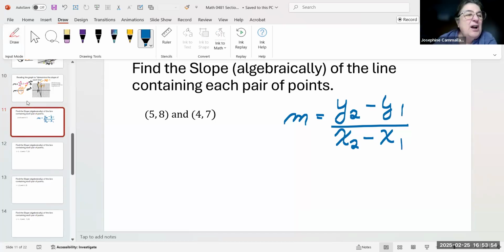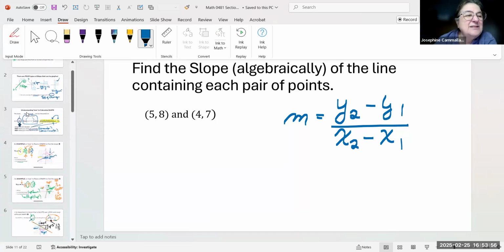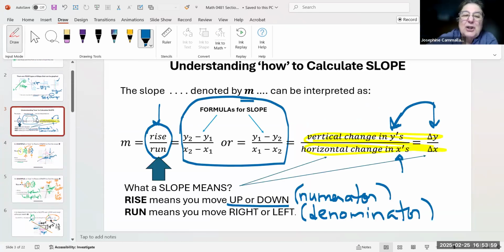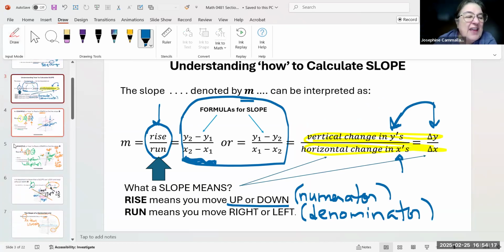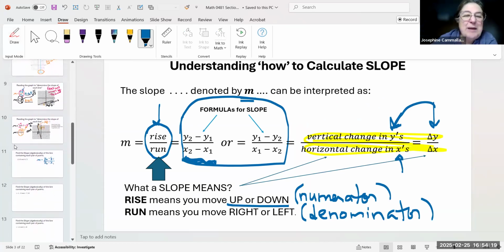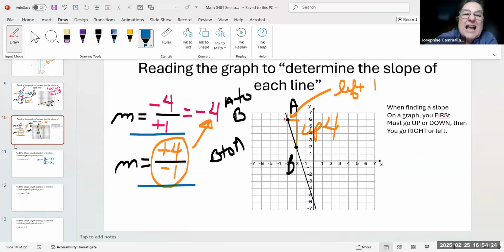And if you want to go all the way back to here, okay, notice that I'm using this formula. But can you switch them around? Yeah, you can do y1 minus y2, x1 minus x2, and you could understand that because when, remember, we get two different slopes, but they equal the same number.